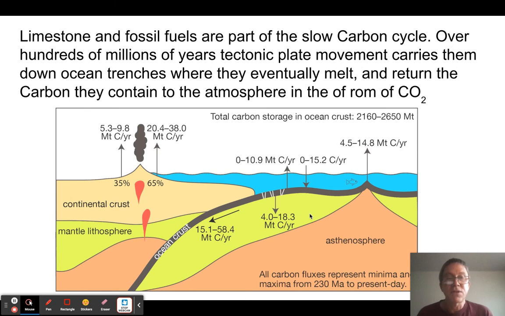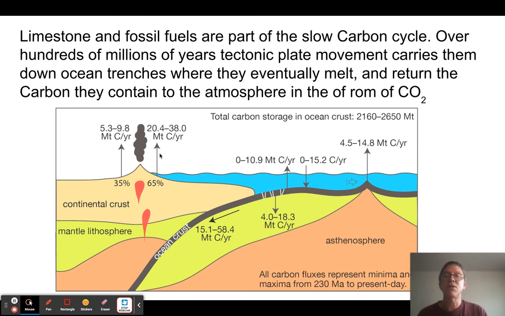Now, limestone and fossil fuels, as I said, are part of the slow carbon cycle. The reason is they tend to accumulate on the seafloor. Then over long periods of time, tens, hundreds of millions of years, they get pushed down trenches, these subduction zones. Remember, they heat up and they melt. And when they melt, they come to the surface, and that carbon dioxide becomes separated from either the limestone, the calcium carbonate, or from the coal, or from the oil and natural gas.